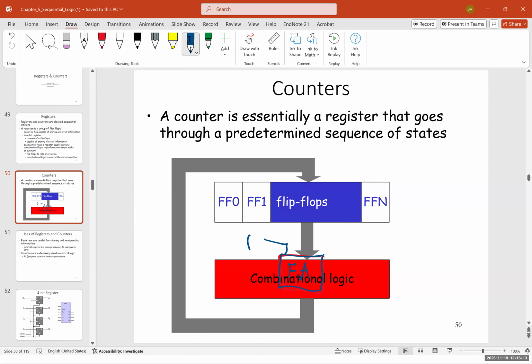So for example, if this number is 0110, adding 1 to it, it's going to be 0111. And then I'm going to save it again in the same flip-flop. And again, adding 1 to it. So in each clock, I can add 1 to this, and I can count up. And I can subtract again if I want, and have a countdown instead of an increasing counter.